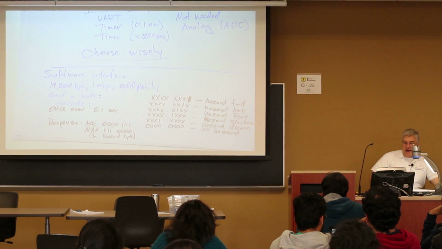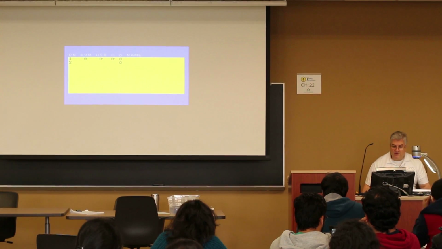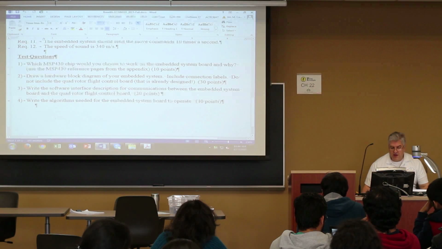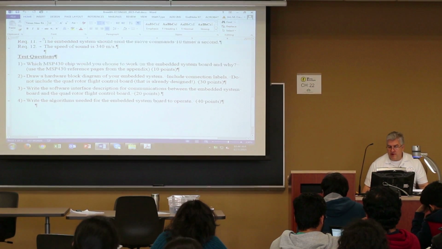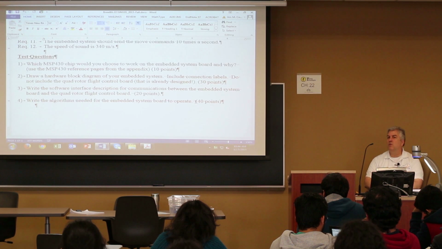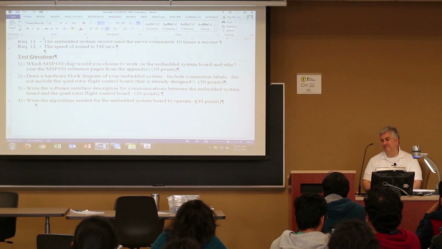All right? Now, the rest of the problem, which I don't have time for now, we've already discussed. Write the algorithms needed for the embedded system board to operate. This would be a very good example to do something like a what? What did we go over the last 2 days? A state machine.